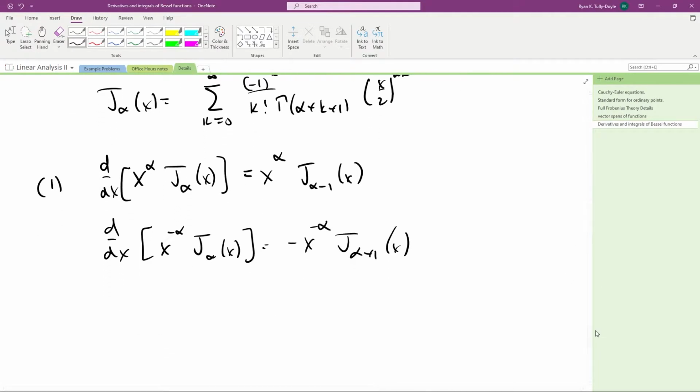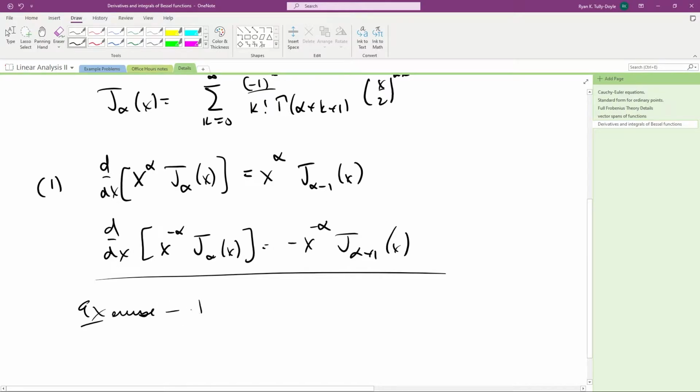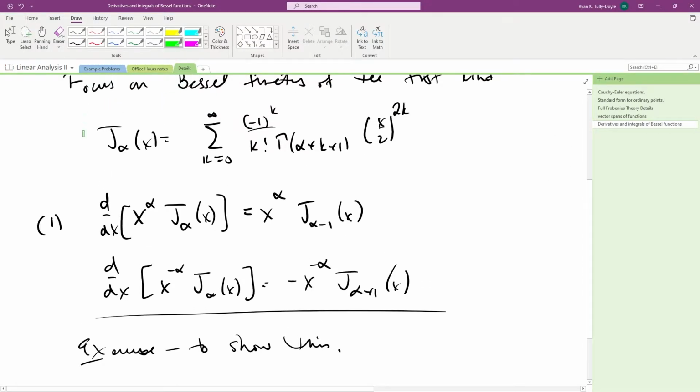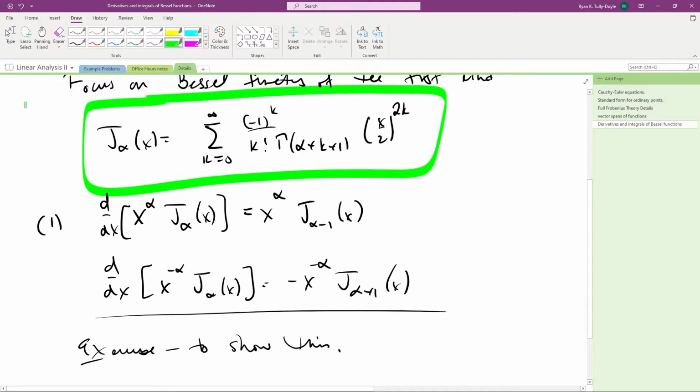So these are things that can be proved. I'll leave that to an exercise, to show this. If you're interested in walking through somebody else's proof, it's written out in the book. It basically just comes from differentiating the formula here and then rewriting it in terms of the Bessel function of the lower order.